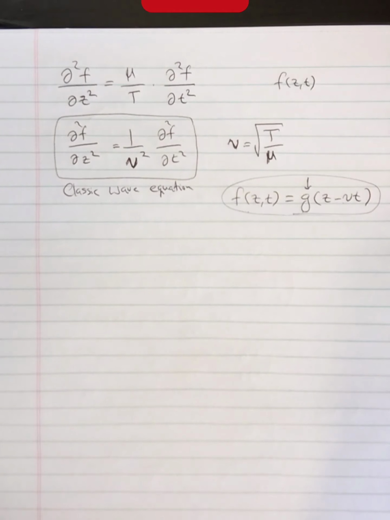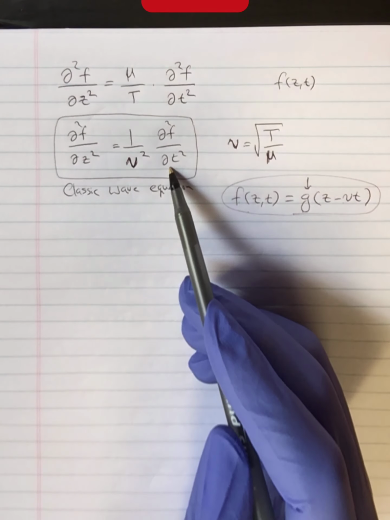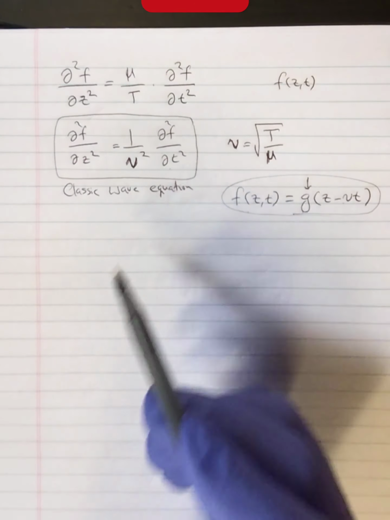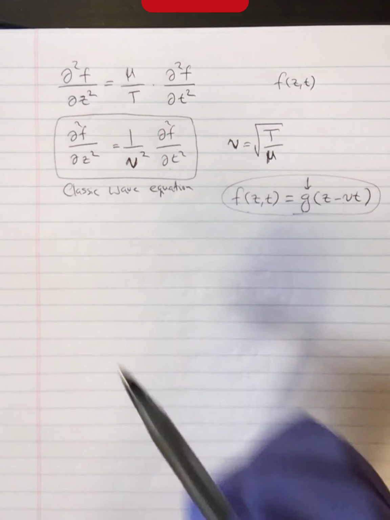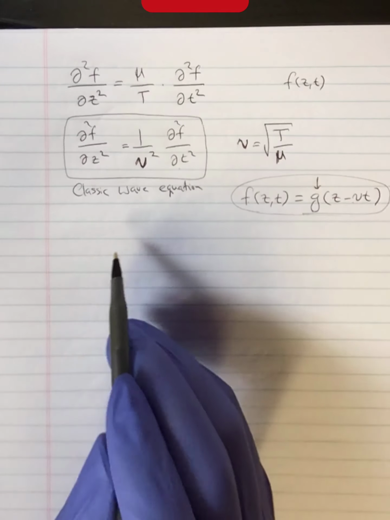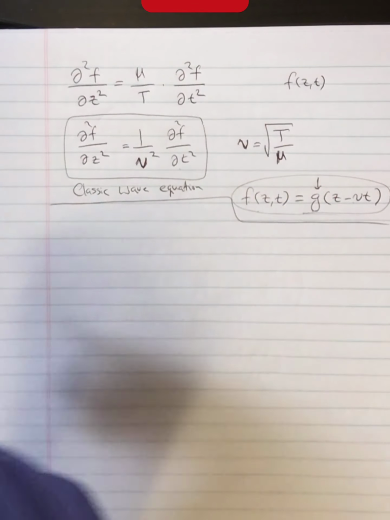So to do that, we should first look at the derivatives of F with respect to z and t, and we should look at the second derivative. So we should take the first derivative, see how that simplifies, and then look at the second derivative. It's a little bit of mathematics, but it's a little bit of easy mathematics. So let's go step by step.